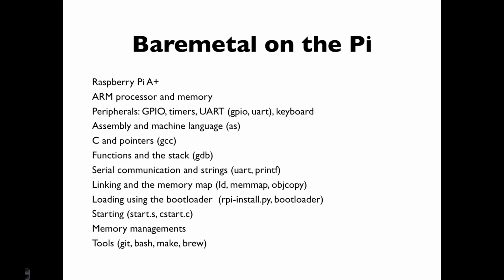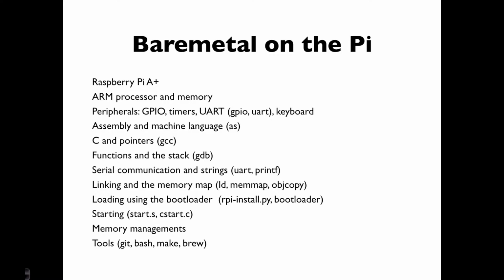Remember, this is the big picture here, right? We've got this Raspberry Pi, we've got an ARM processor and memory, we've got peripherals, which are the GPIO pins that you're all used to playing with now, the UART, which is the serial port, which now you can printf to. You've got timers on there, and you've got the keyboard that you're now doing. Remember, this is just an overview again, right? Assembly language that you spent some time on, not too much more right now.